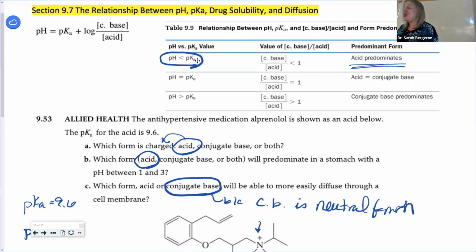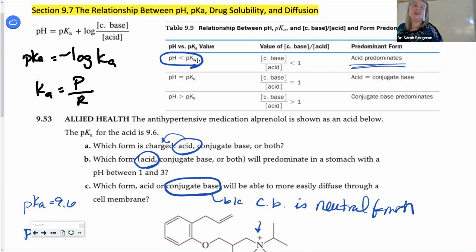Because what does pKa tell us? What is pKa? Negative log of the Ka. What is K? Products over reactants. So if I have an acid, I'm going to really favor my reactants, right?